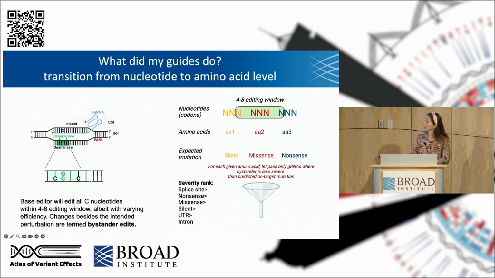So on the amino acid level, that would mean that one guide can simultaneously introduce edits to multiple amino acids if they're adjacent to each other. In the depiction on the right-hand side, we see an example of a guide that introduces silent, missense, and nonsense mutations to the adjacent amino acids.